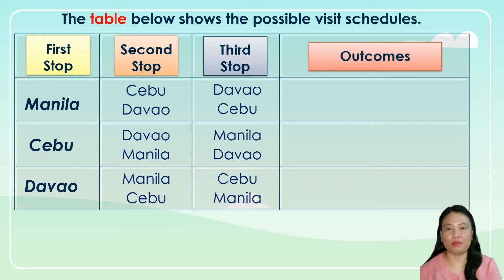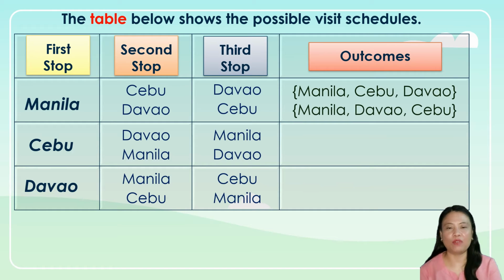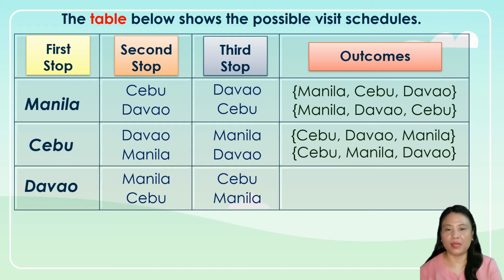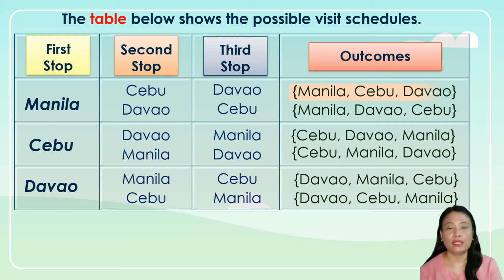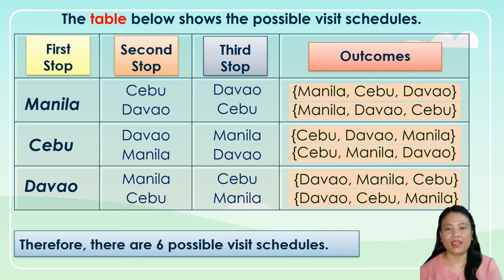So based on our table, we have the following outcomes: Manila, Cebu, Davao; Manila, Davao, Cebu; Cebu, Davao, Manila; Cebu, Manila, Davao; Davao, Manila, Cebu; Davao, Cebu, Manila. Therefore, there are 6 possible visit schedules. This result is the same as the result when we use tree diagram and listing method.